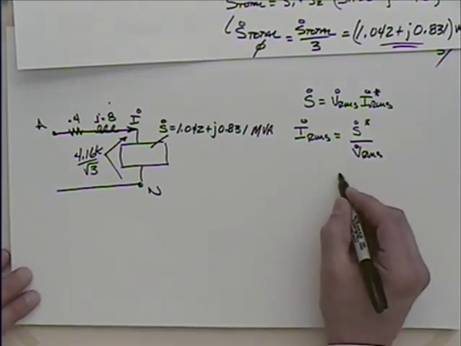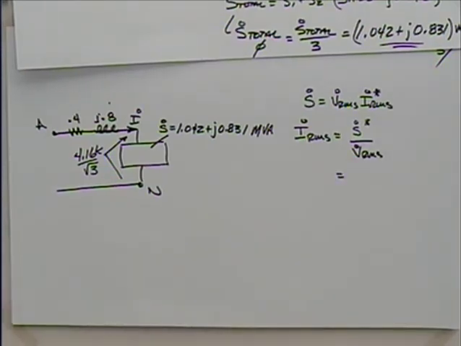Would you take the conjugate of just S or the conjugate of the whole thing? Or the denominator. You could do either one. I wouldn't do all of them at once. Well, actually, if you did all three, you'd still be okay, because it's an odd number. But don't do two.